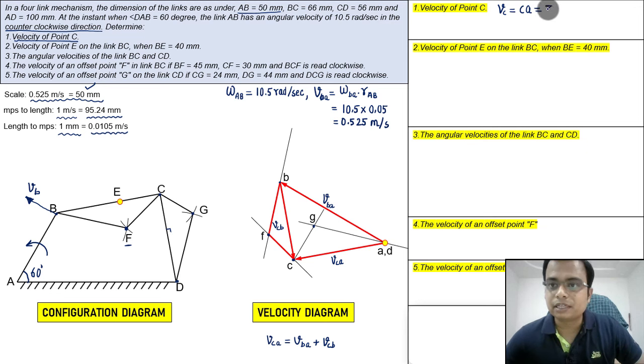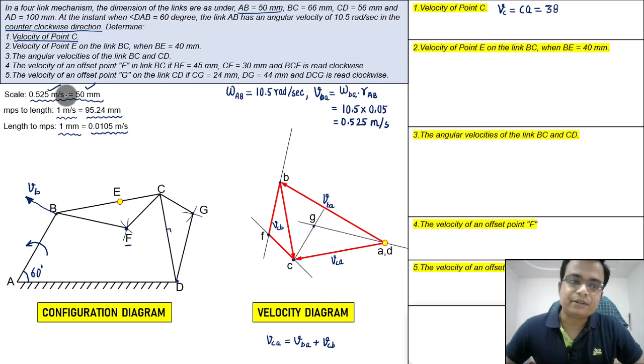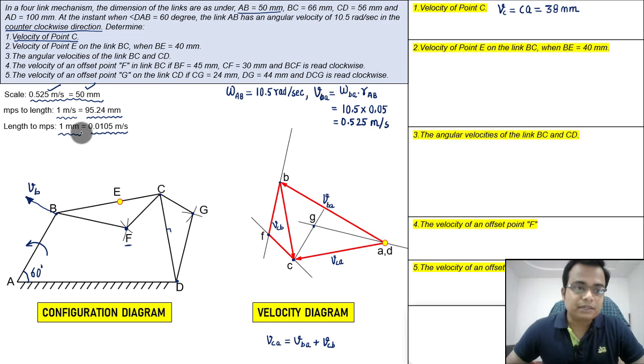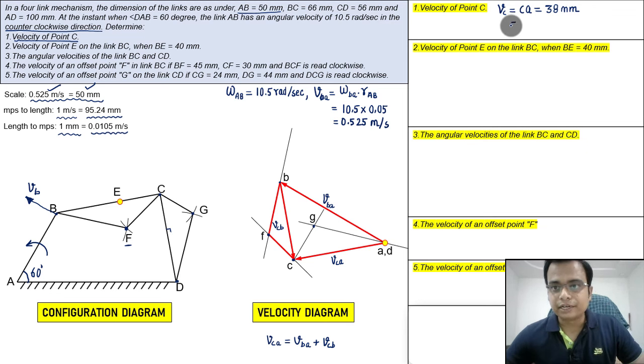If you have taken this scale, 0.525 meter per second is equal to 50 mm, you will get this value. And this is in millimeters. Now we know how much 1 millimeter is in meters per second. So what we'll do is multiply by 0.0105.